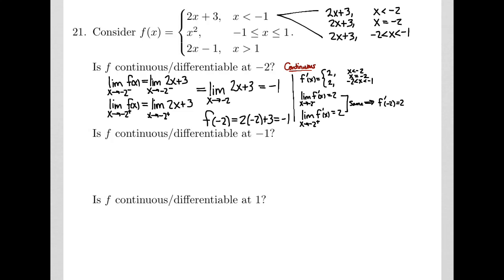And that's only because I was also continuous. If I'm not continuous, that's not true. And so that allows me to fill in the gap. The derivative is actually 2 at the point, and so I am also differentiable.